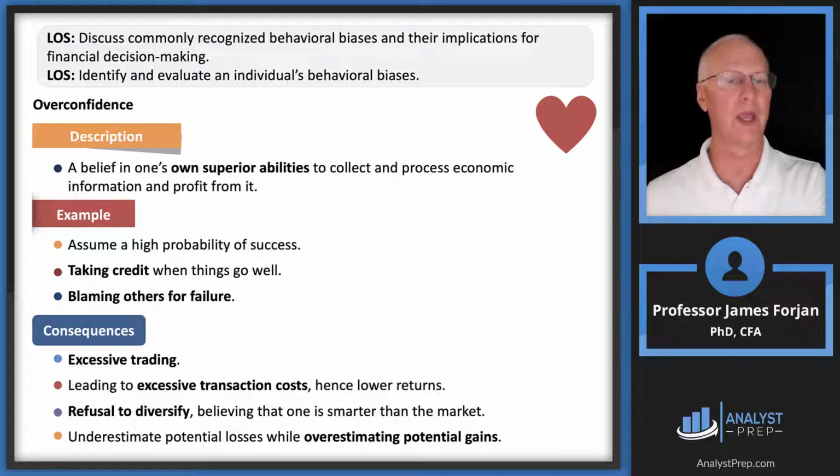Overconfidence. This is what I was saying a little bit earlier, and this is the link between some of these biases. They're not totally independent from each other. There might be some positive correlations, and high positive correlations, in there. A belief in one's own superior abilities. There was an academic study done. It was a survey sent out to a whole bunch of chief executive officers.